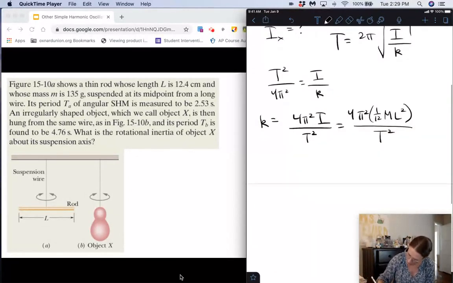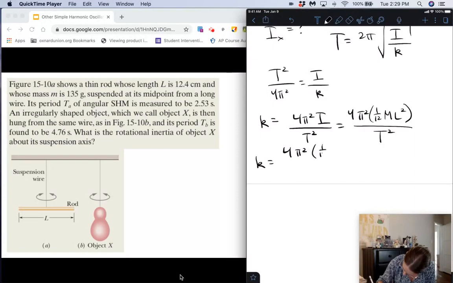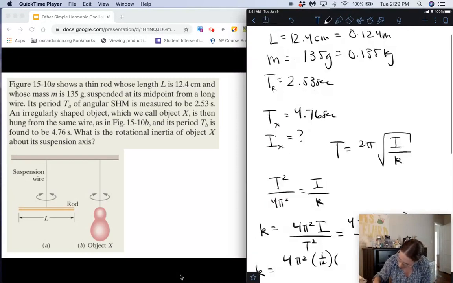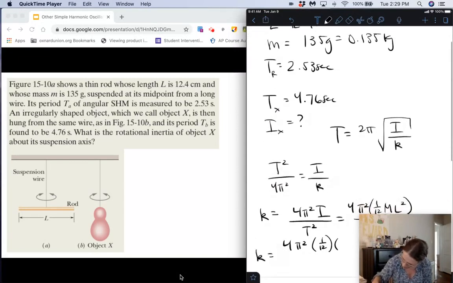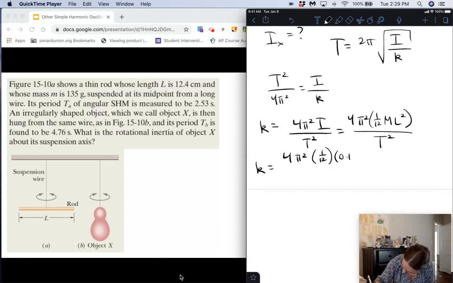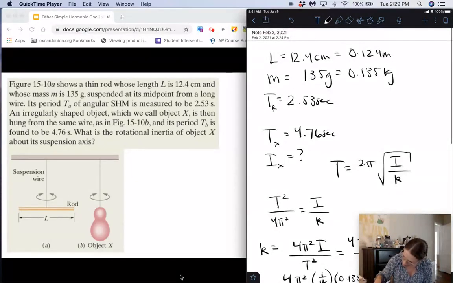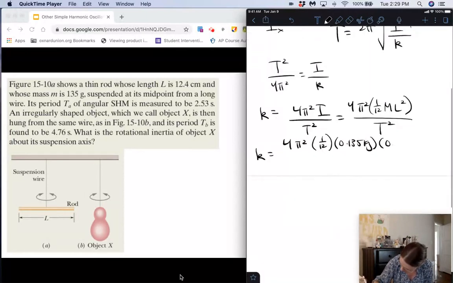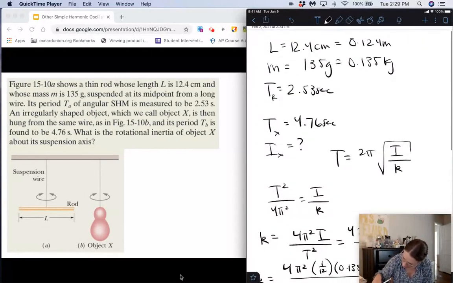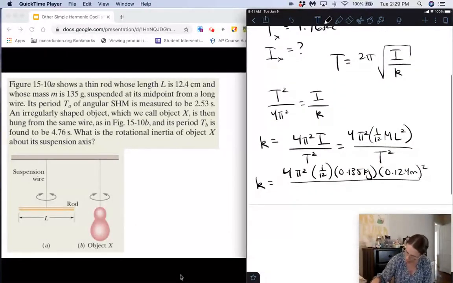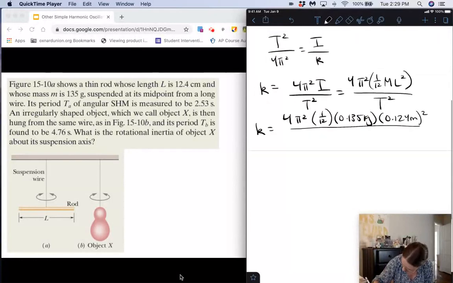So plugging our numbers in for the torsion constant, we get 4 times pi squared times 1/12 times the mass of the rod, which was 0.135 kilograms, times L, the length of the rod, 0.124 meters. I'm going to square that, and then all divided by the period for the rod, which was 2.53 seconds squared.